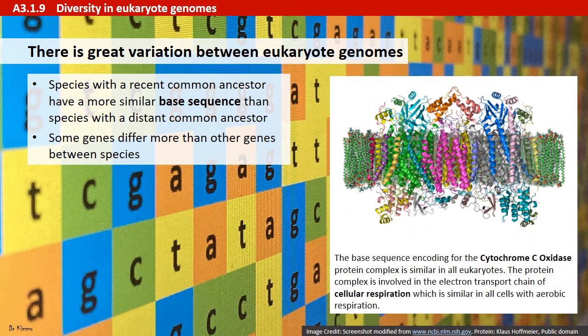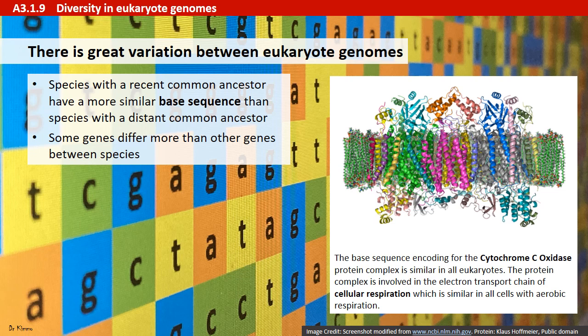Let's zoom out from humans and consider different species. There is great variation between eukaryote genomes. Species with a recent common ancestor have a more similar base sequence than species with a distant common ancestor. And some genes differ more than other genes between species. On the right, you can see the cytochrome C oxidase protein complex embedded in a cell membrane.